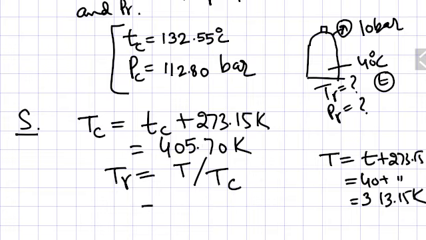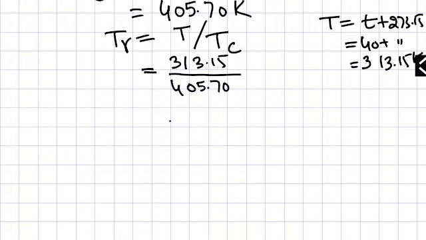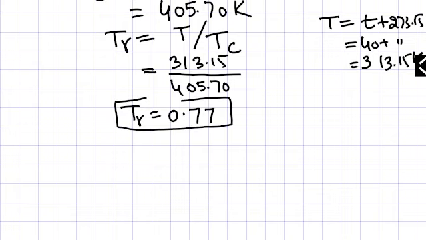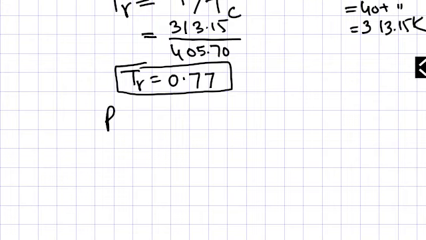Now you write all this data, divide it, and you will get TR. So this is your reduced temperature of ammonia, and reduced pressure the same way, P divided by Pc.